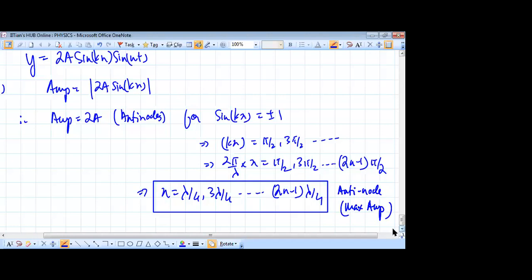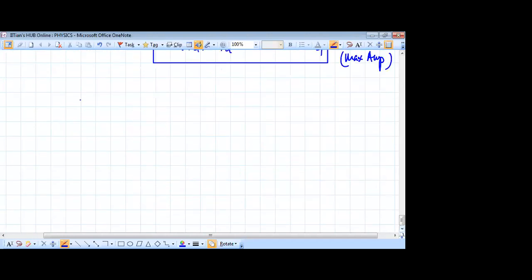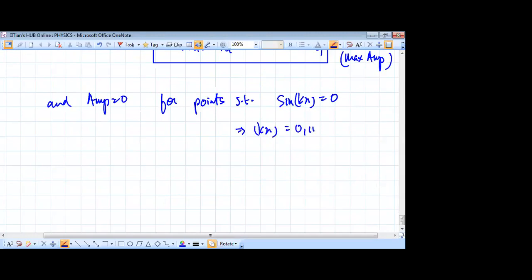Similarly, amplitude is equal to 0 for points such that sine kx should become 0. So kx should be 0, pi, n pi.